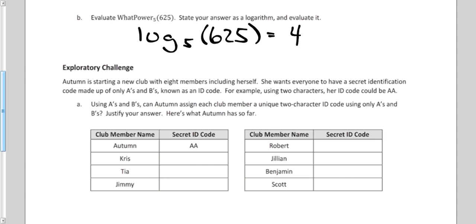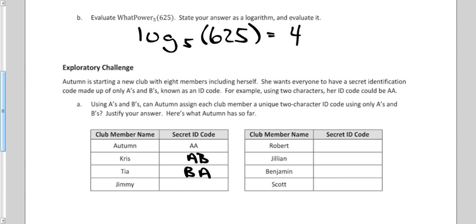Four. So, if we did this all systematic-like, we probably assigned Chris an AB. And then I assigned Tia BA.